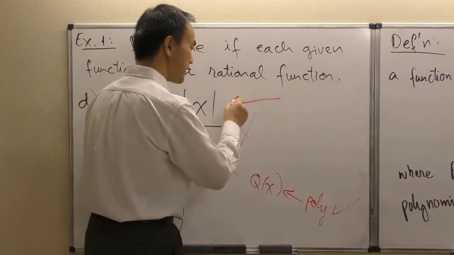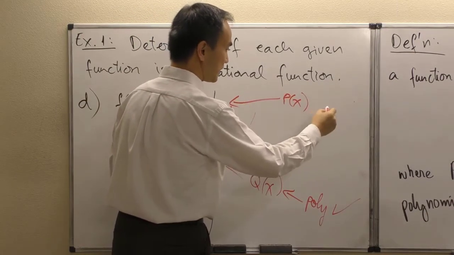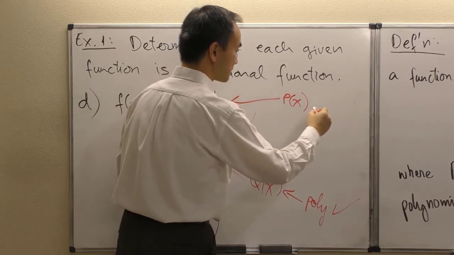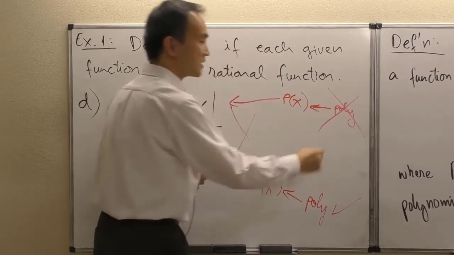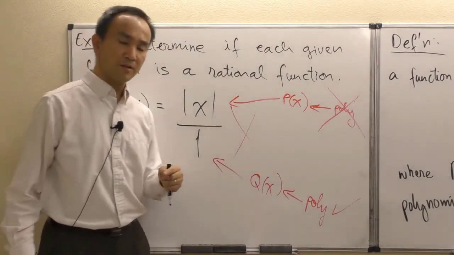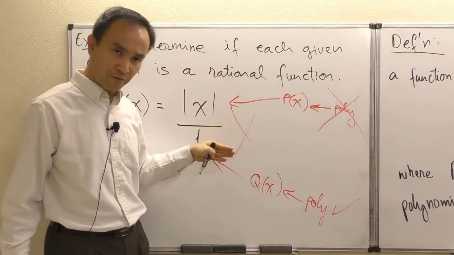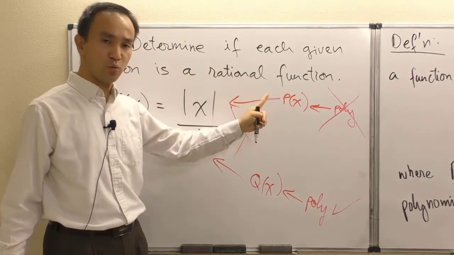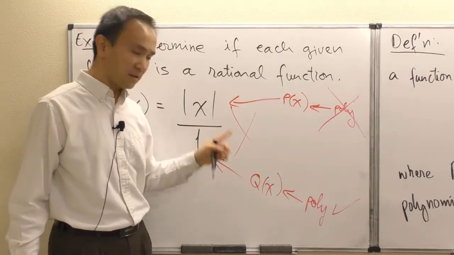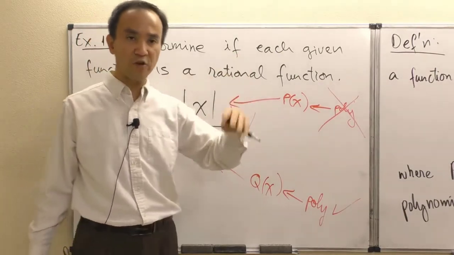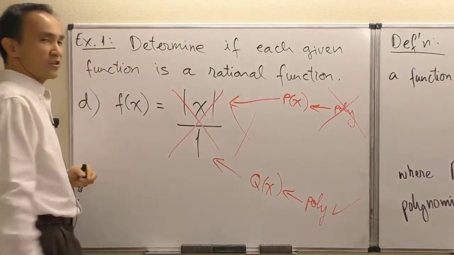But the numerator here, this p of x, is not a polynomial. And so, even though we have a fraction here, as long as one of the two components fails to be a polynomial, the whole function fails being rational. So in other words, this function is not a rational function.